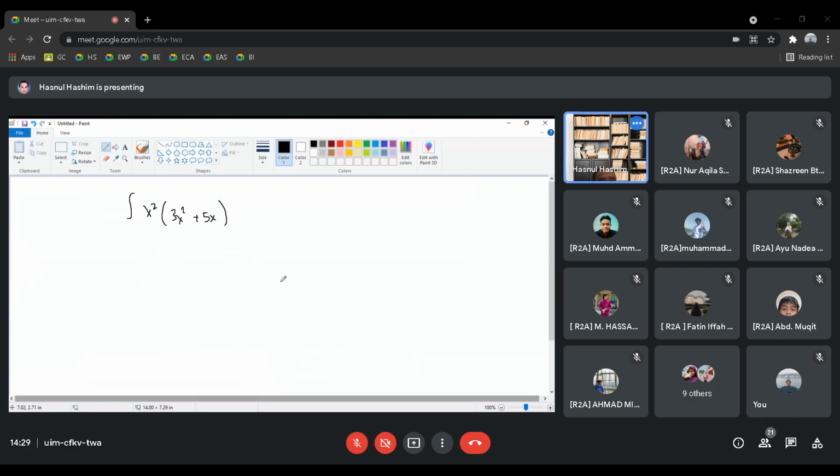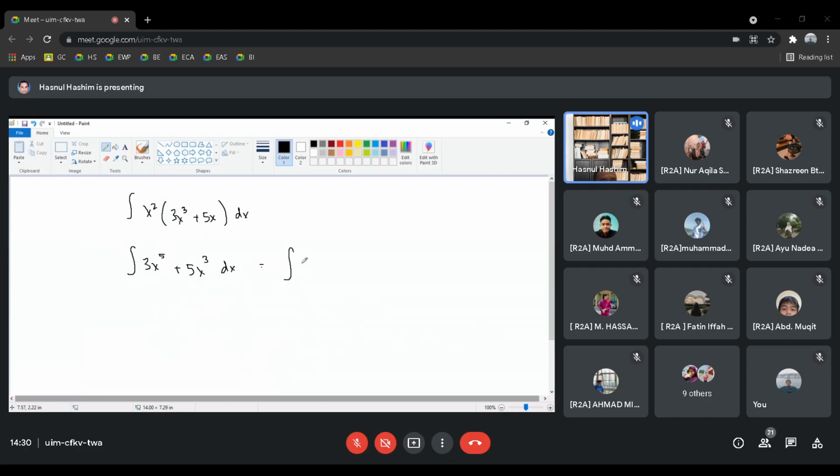Yes, here. Okay, here we can multiply out, 3x to the power 5 plus 5x cubed dx.